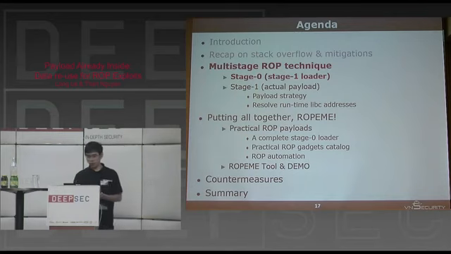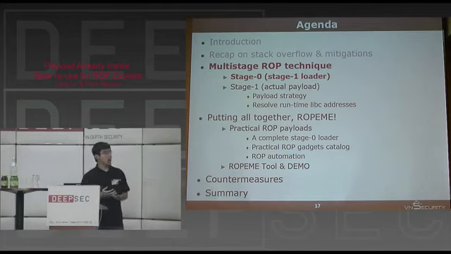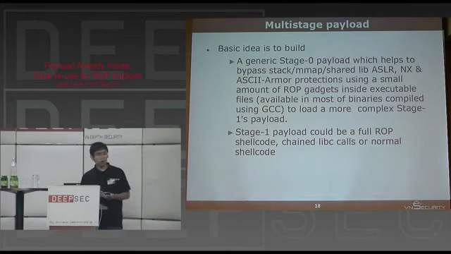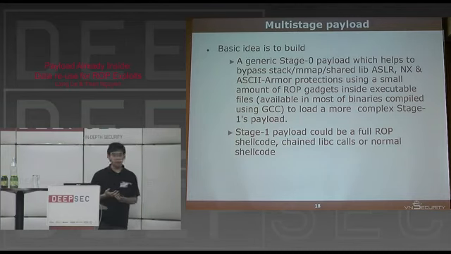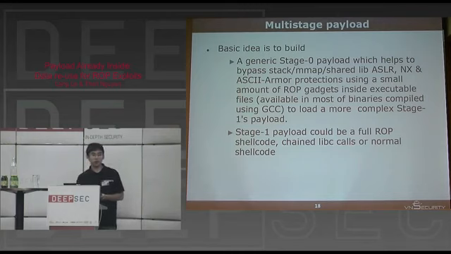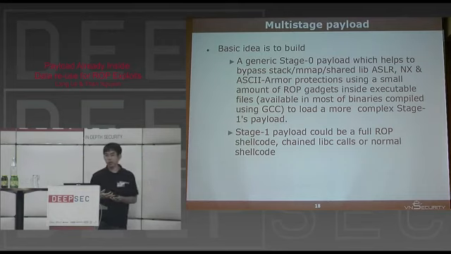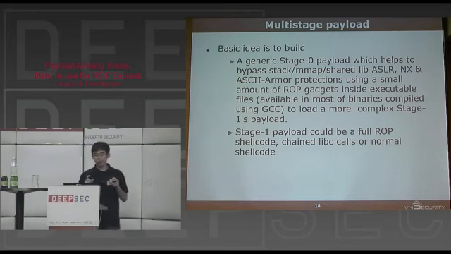Now I will move into the next one, which is the combination technique, where we're trying to bypass some of those protections. The basic idea is to build a generic stage zero payload that can help bypass stack and memory mapping randomization, NX, and ASCII armor protection, using a minimum number of ROP gadgets inside the binary.